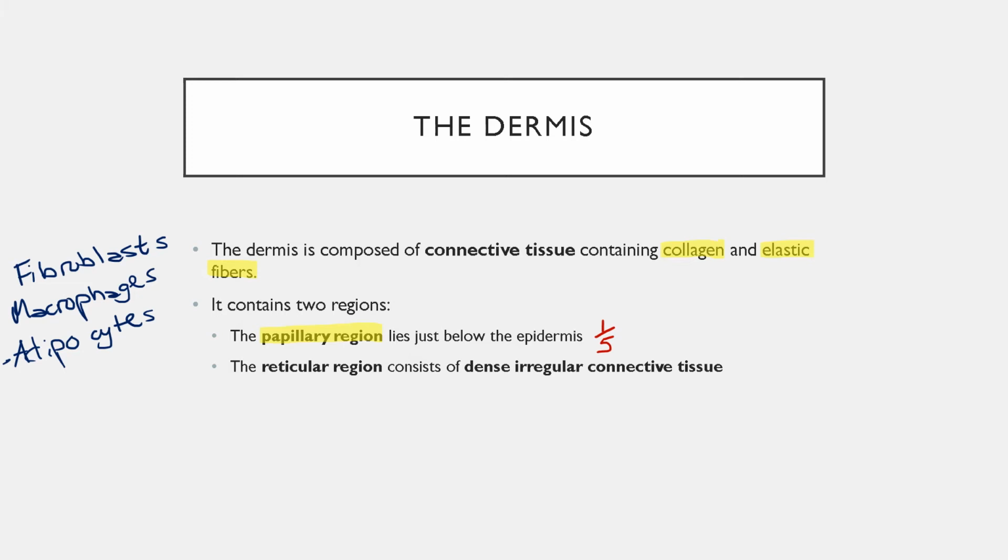And then the other region of the dermis is going to be the reticular region, and this is attached to the subcutaneous layer. Now, in the reticular region, this is where we're going to see bundles of thick collagen fibers, scattered fibroblasts, and various other kinds of wandering cells like macrophages.